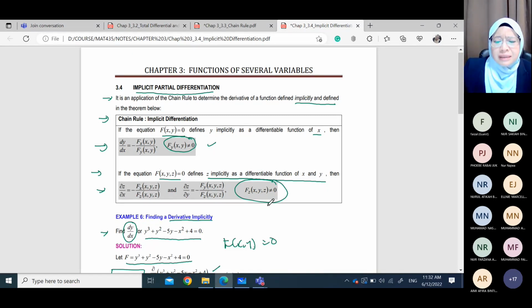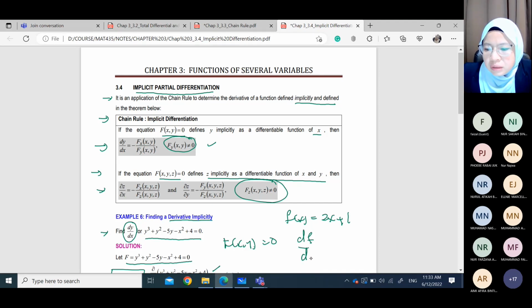You kena set dia sebagai kosong. Kalau biasanya, untuk yang biasa belajar dy dx, function dia akan melibatkan satu variable saja, katakan we have 2x plus 1, and then you just differentiate df dx. Then we have 2 here.